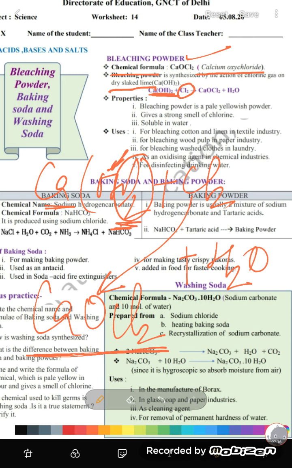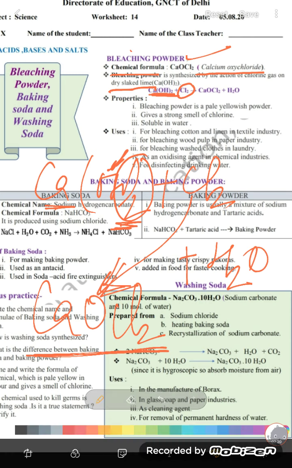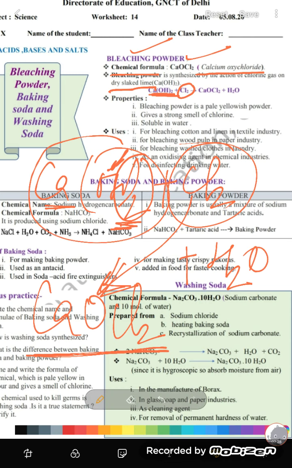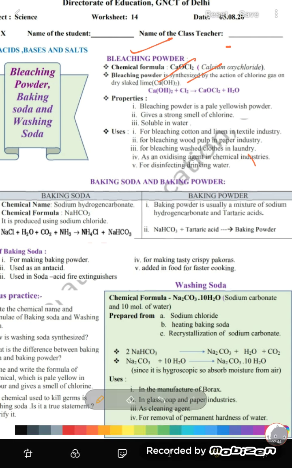This is the way we get our bleaching powder, or calcium oxychloride, from calcium hydroxide and chlorine gas. I'm sure it is now clear to you how you will prepare calcium oxychloride using these two things, one calcium hydroxide and second chlorine gas.